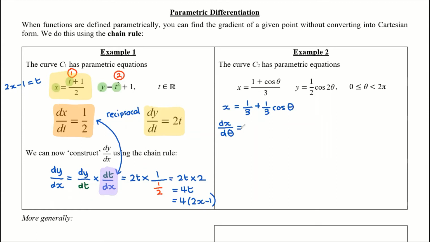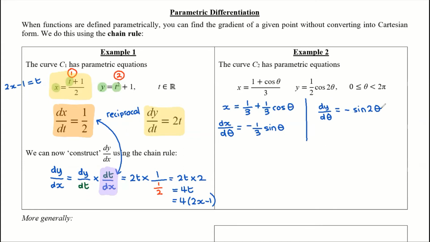So that's going to be negative 1/3 sine theta. Okay, and then just over here, dy by d theta, as we saw earlier, is going to be negative sine 2 theta. Okay, just doing that again because I don't have the answers right in front of me.